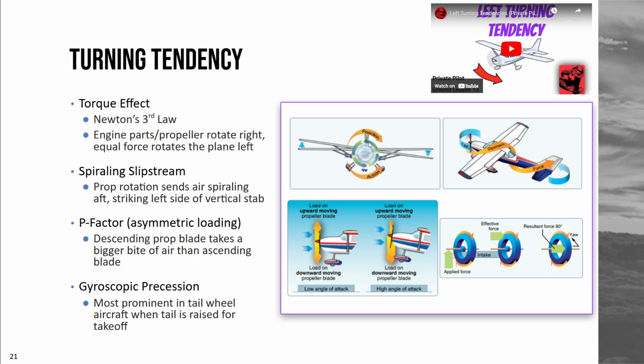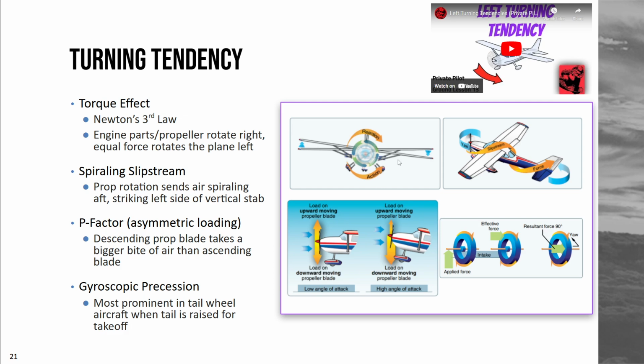So as our propeller rotates, let's say this is not from the pilot perspective, but our propeller is rotating counterclockwise when looking at the aircraft from the front. The equal and opposite reaction is a banking of our aircraft to the left. So torque effect is a left banking effect.